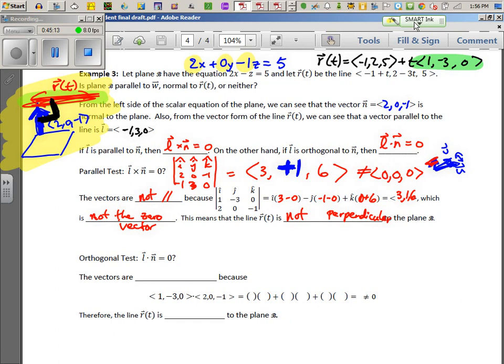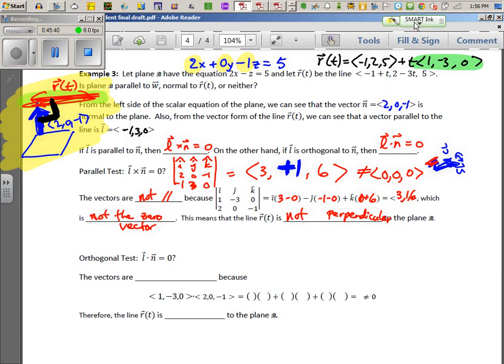That means that the blue vector, or the blue plane and the red line are not parallel. I said that wrong. I'm sorry. The blue vector and the red vector are not parallel, which means that the blue plane and the red vector are not perpendicular. Okay? All right, now we're going to test for orthogonality between L and N.